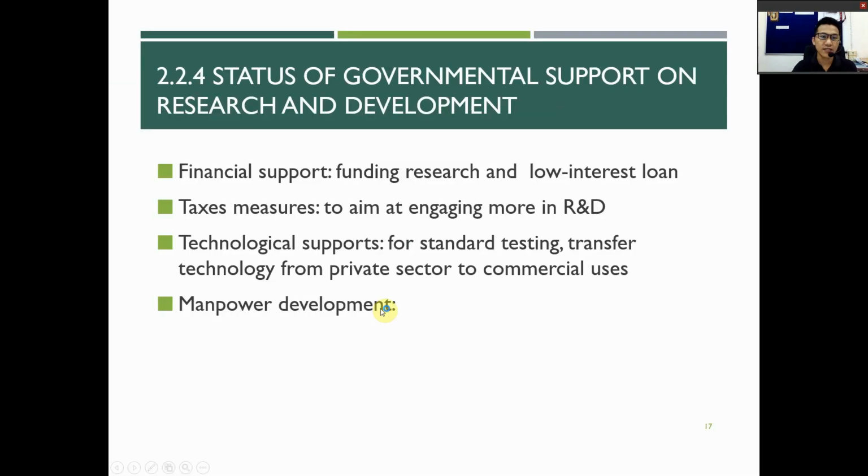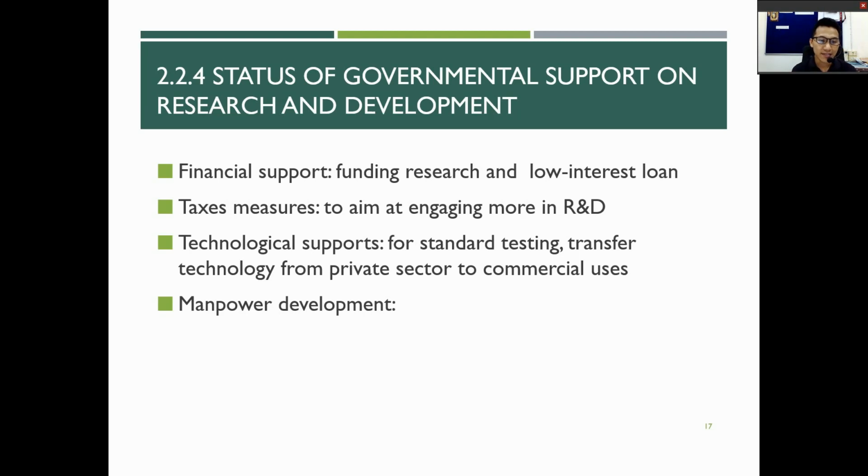Number four is the status of governmental support on research and development. Basically, there are four types of support that we get. For financial support, it is the funding for research, of course, and also low interest loans. The second one is tax measures, and this aims at engaging more in research and development.